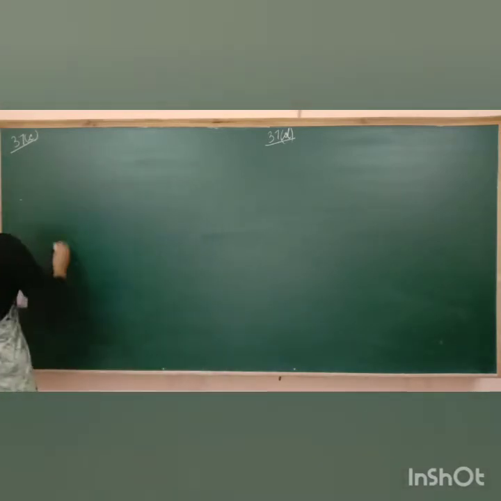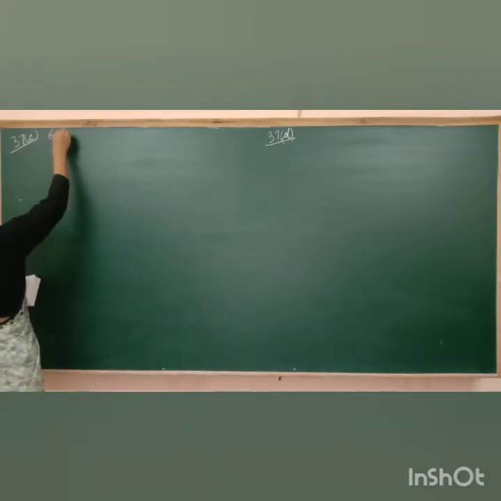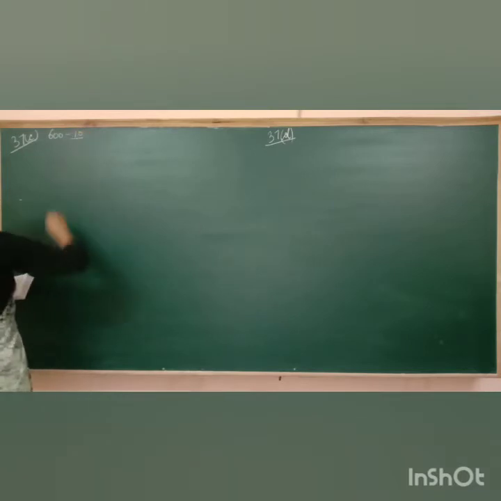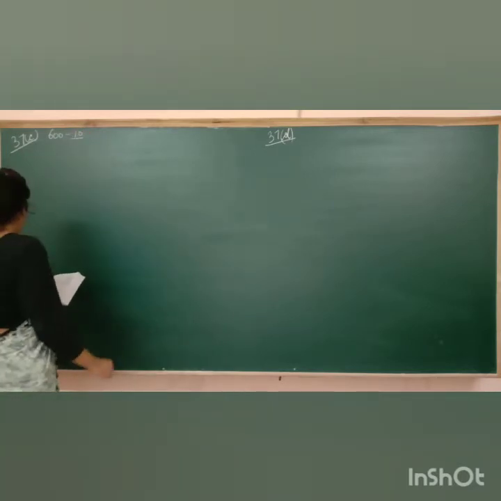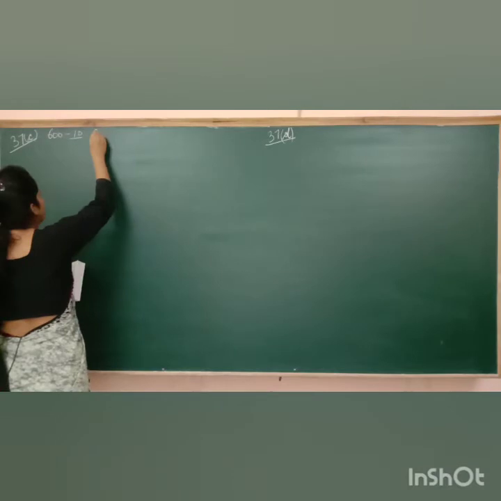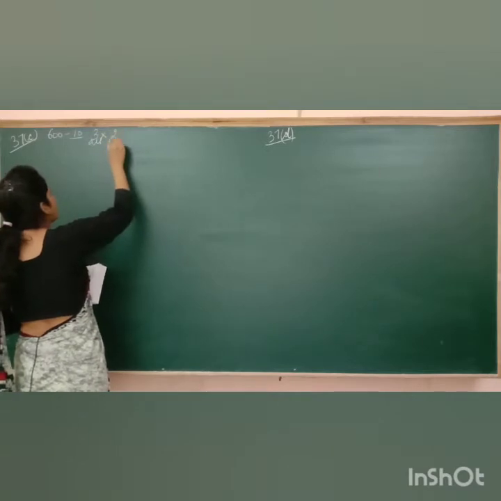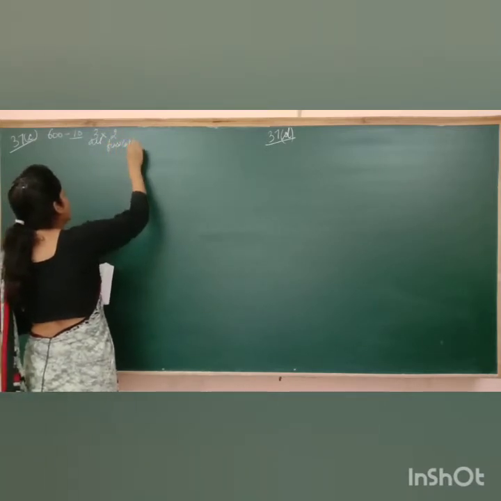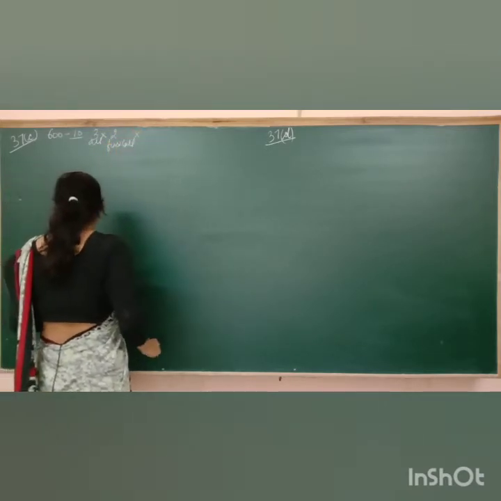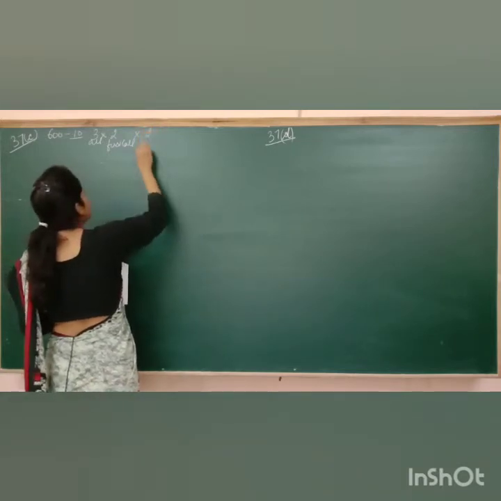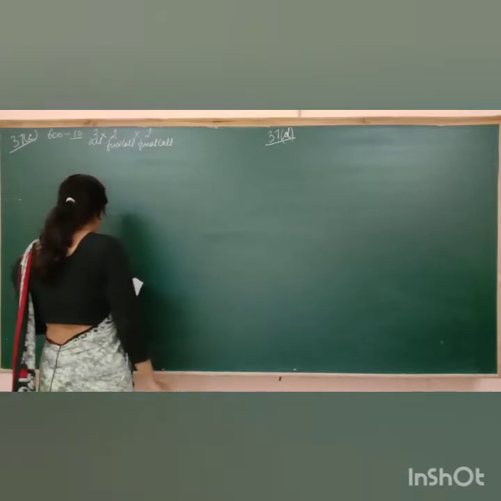It means we have cancelled 600 shares fully called up, for the non-payment of allotment of ₹3. Allotment of ₹3 has not been paid. First call of ₹2 has not been paid. Final call of ₹2 has also not been paid.